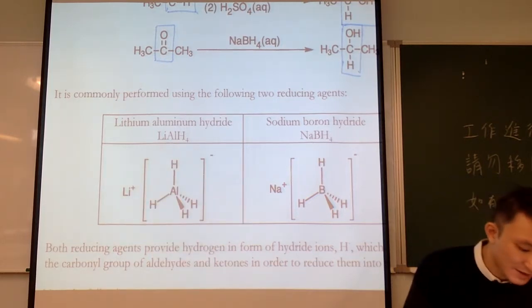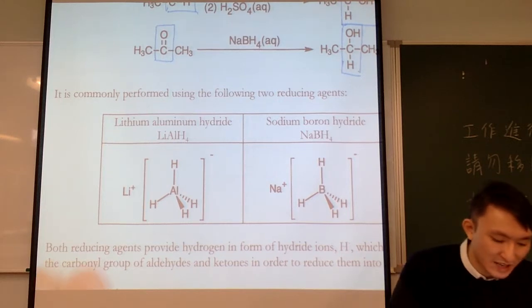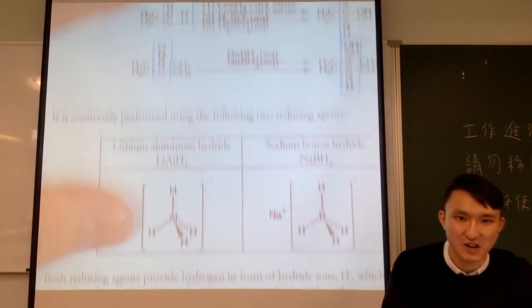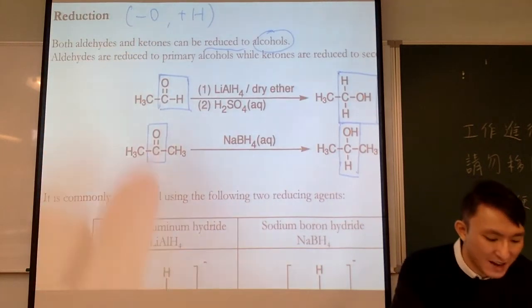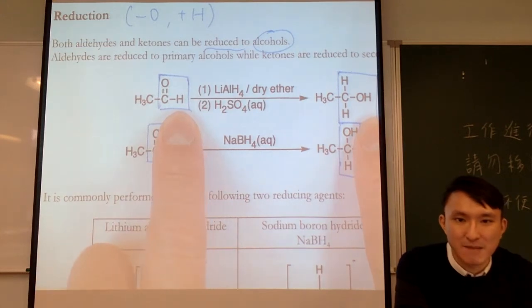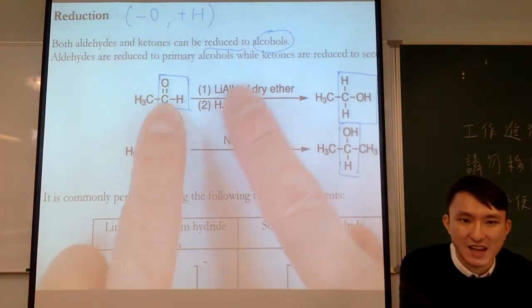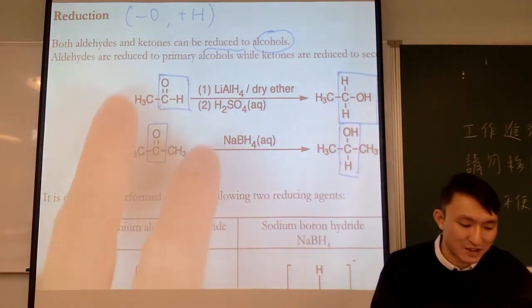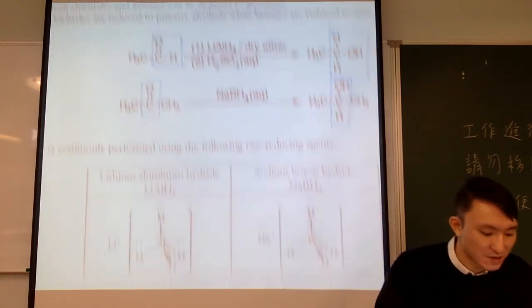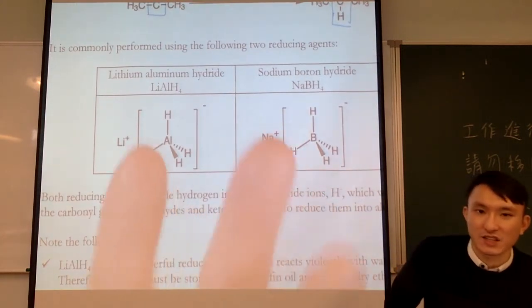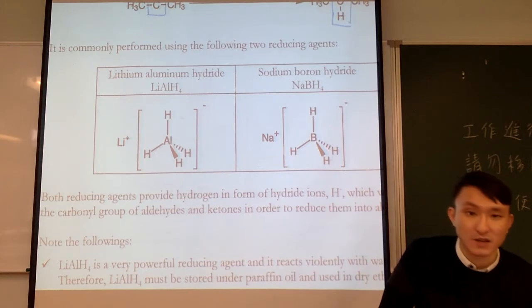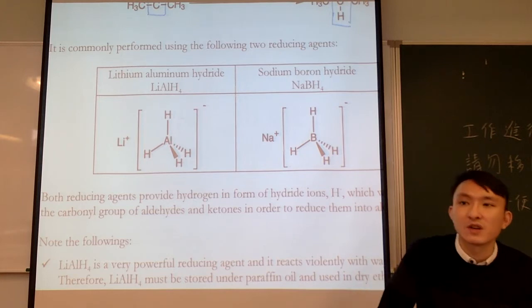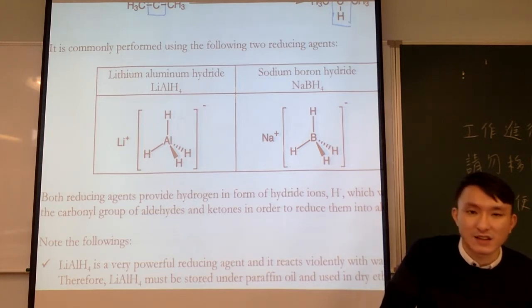Now, how do both reducing agents reduce the aldehyde and the ketone? I just mentioned that if you focus on the carbon bearing the functional group, when they undergo reduction, they gain extra hydrogen atoms. So if you are a reducing agent helping others to undergo reduction, you may as well provide hydrogen atoms to the species undergoing reduction.